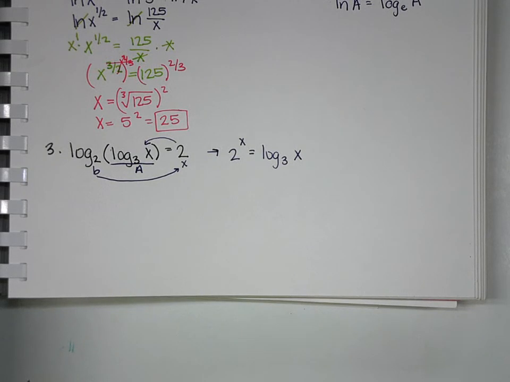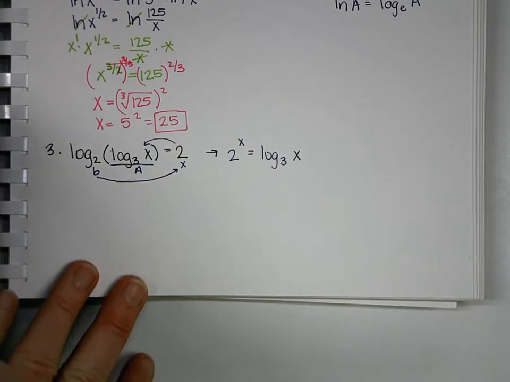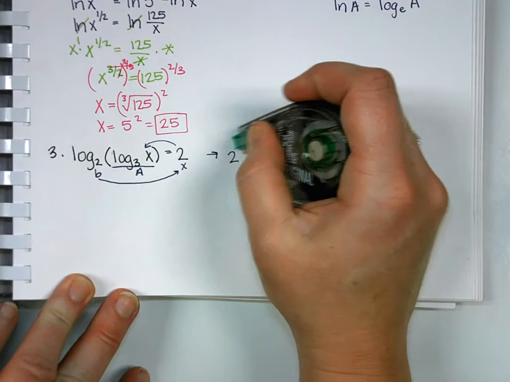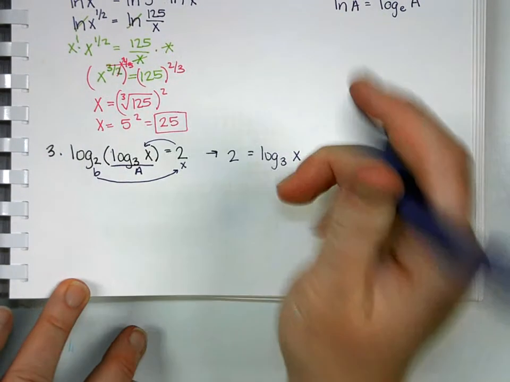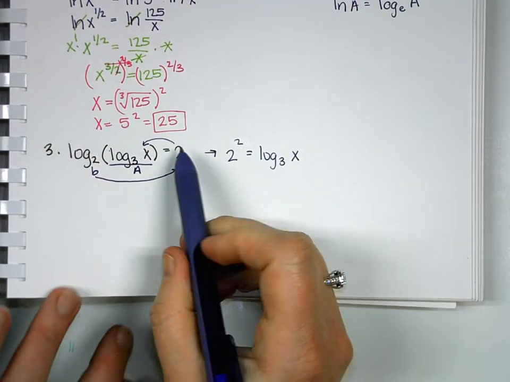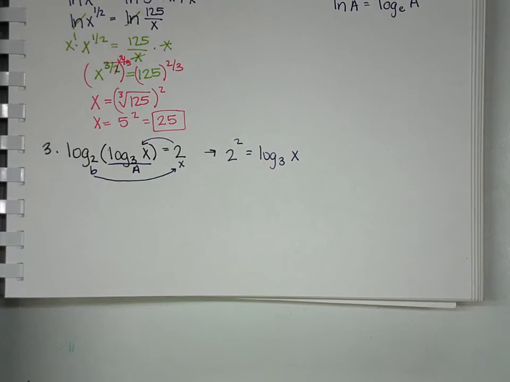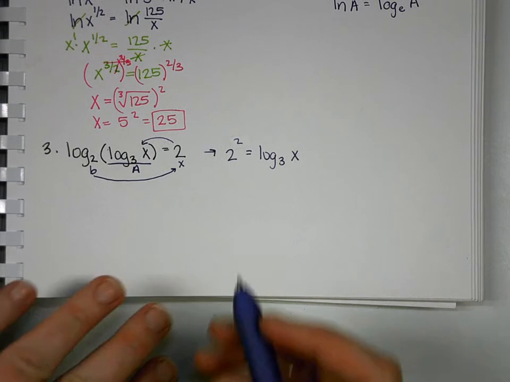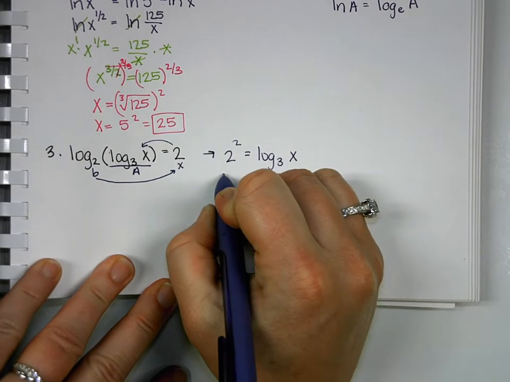Actually, I first put x instead of 2, sorry. So right there, I've rewritten the outer log, that log base 2, in exponential. 2 squared I can rewrite as 4.